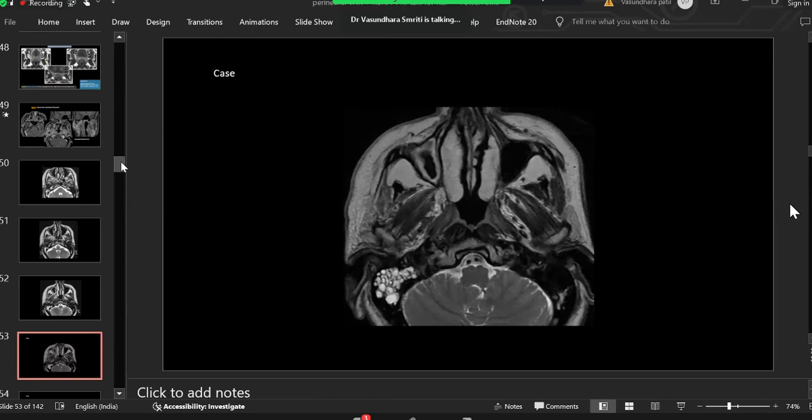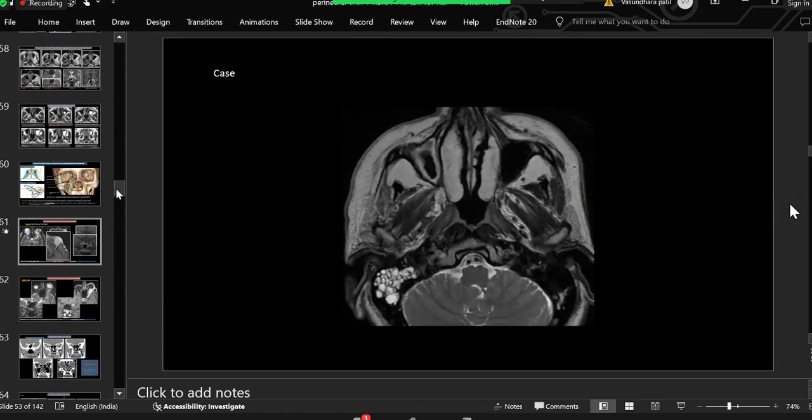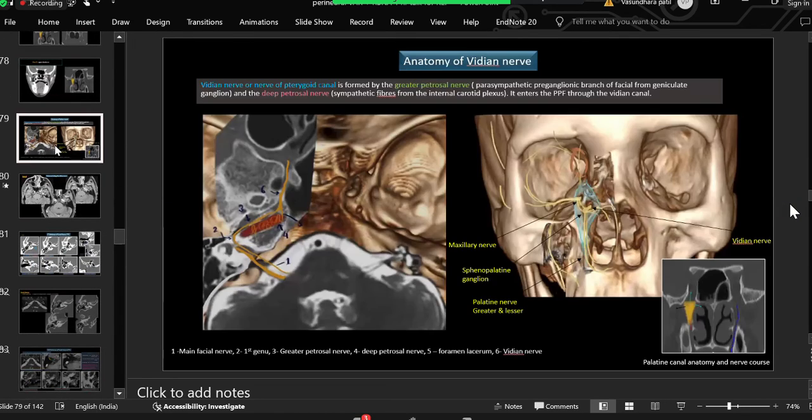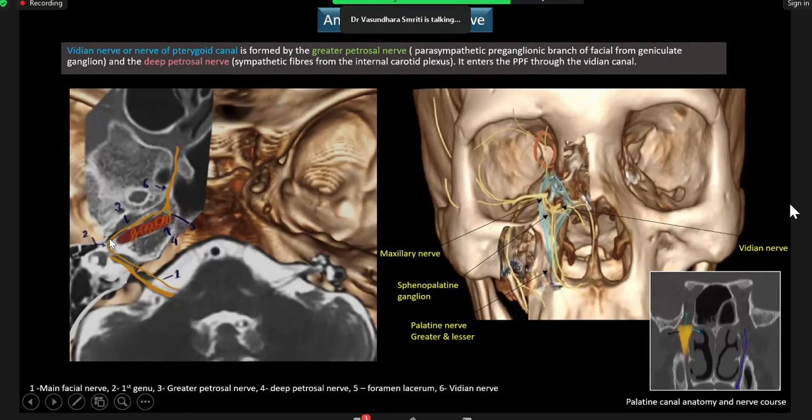Greater petrosal nerve. Okay. So the facial nerve, which is marked by this one, enters into the internal auditory canal till it reaches the first genu. At the first genu, it then gives a branch, which is number two, the greater petrosal nerve.